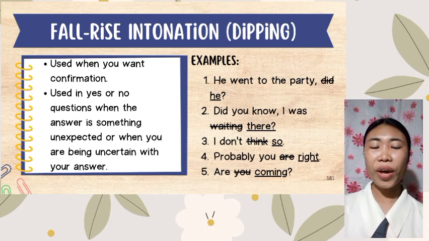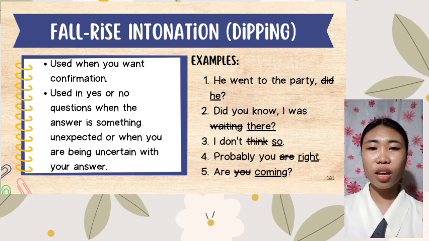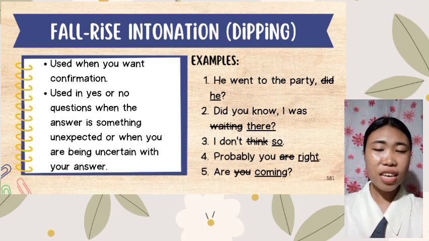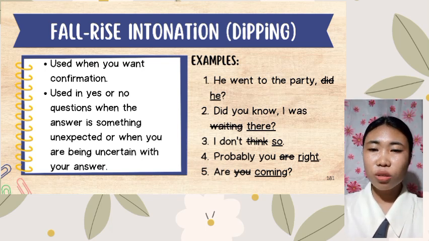In the word waiting, our voice goes down, and then in the word there, our voice goes up. Number three, I don't think so. Our voice goes down in the word think, and our voice goes up in the word so.